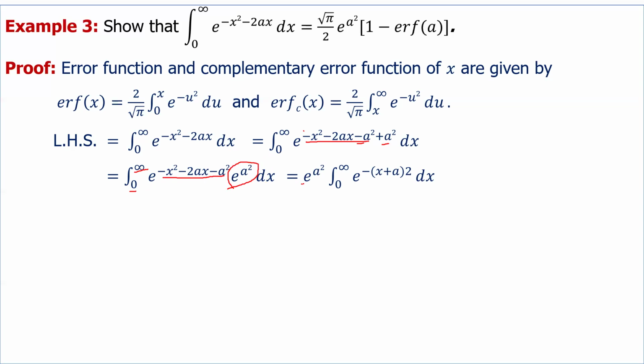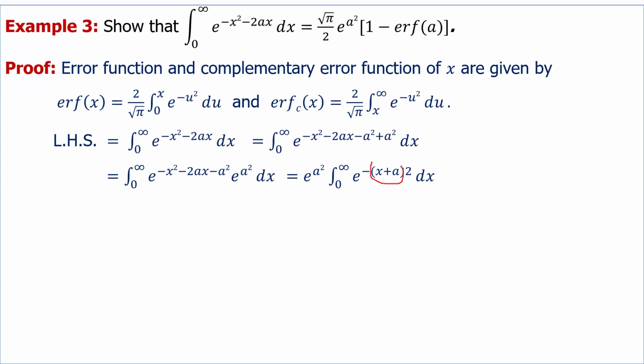Now if we take the minus sign outside, it is x square plus 2ax plus a square, because all will become plus. So this is x plus a whole square. So it can be written as integration under the limit 0 to infinity of e to the power minus x plus a whole square with respect to x.